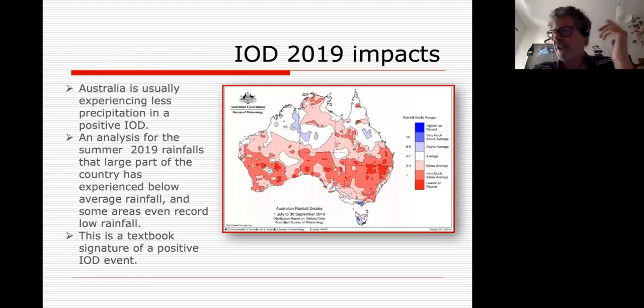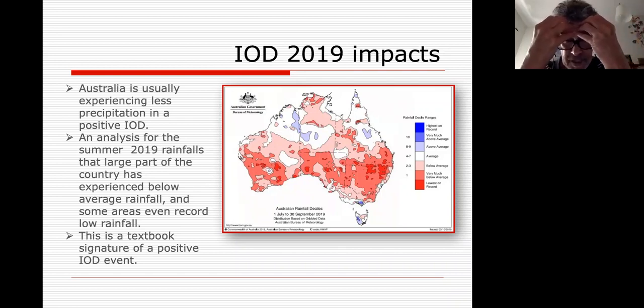We talked about rain in India. What happened on the other side of the basin, in Australia? Australia usually experiences less precipitation during the positive IOD. We saw that the stronger convection area was on the African coast.